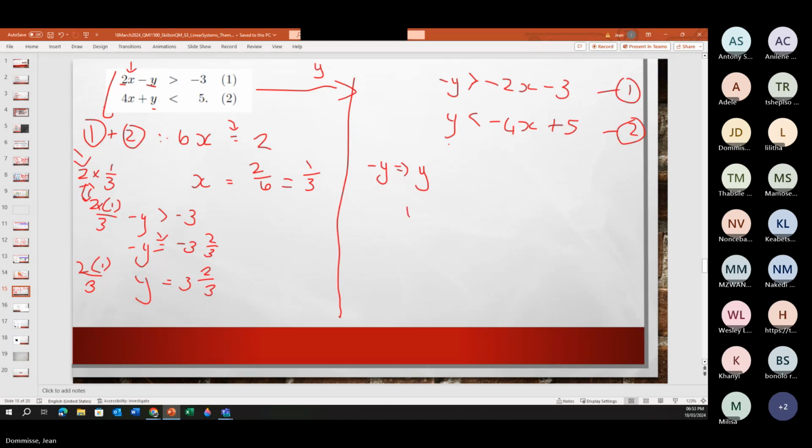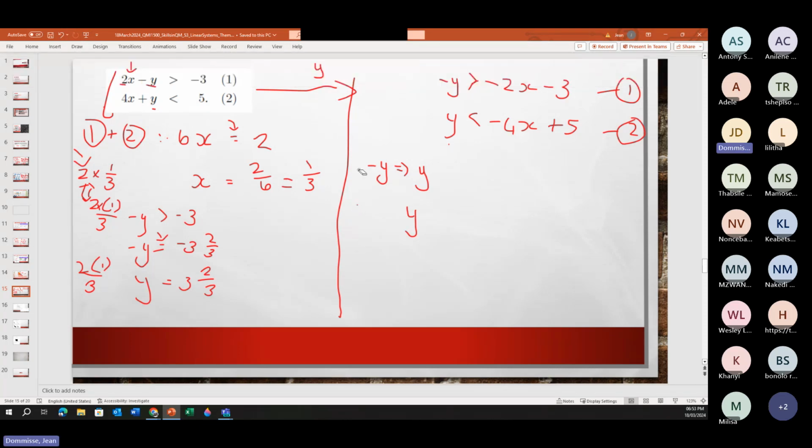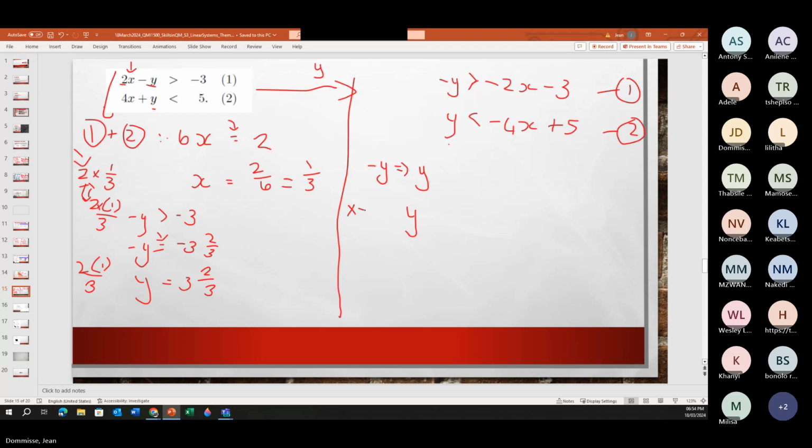So we need to basically divide by minus 1, or much easier is to say, across everything, I will multiply by minus 1. Minus times minus 1 will give me a positive 1. Okay, so then I sit with the positive y.